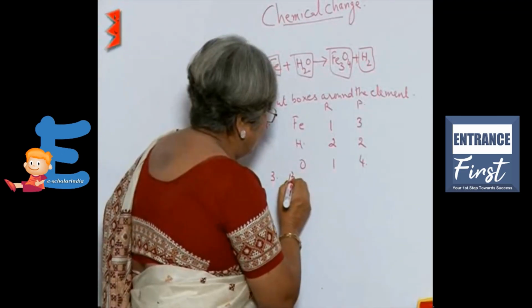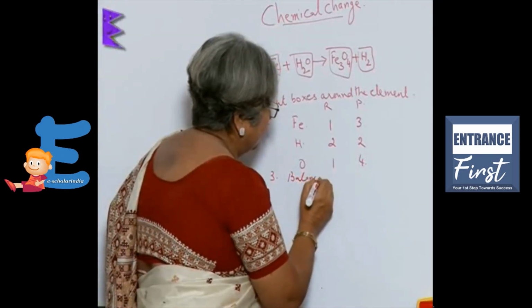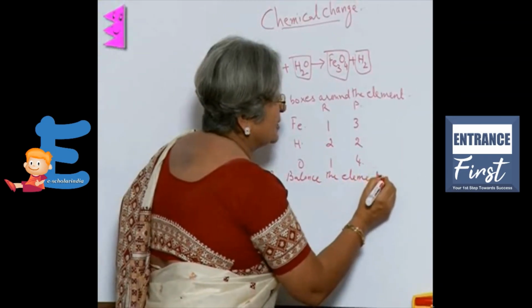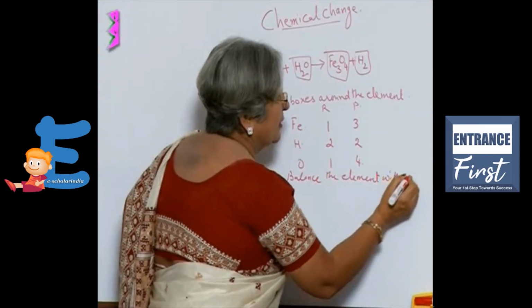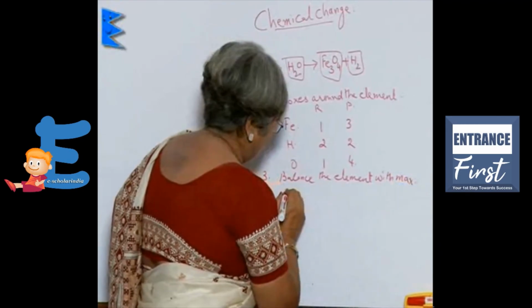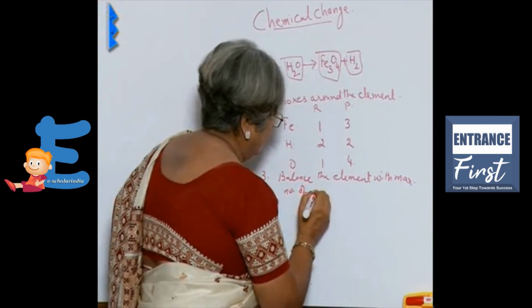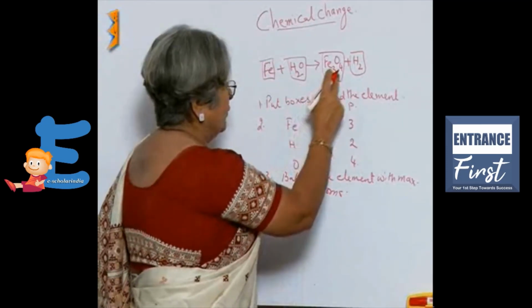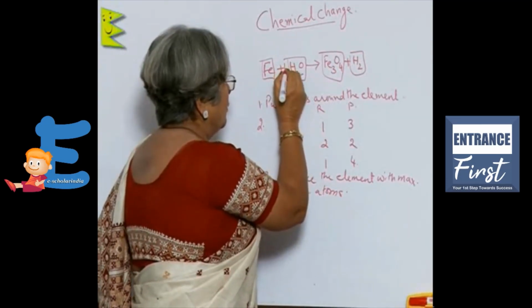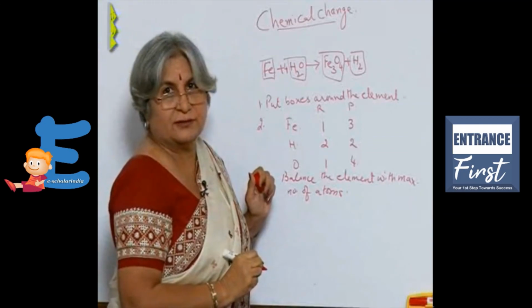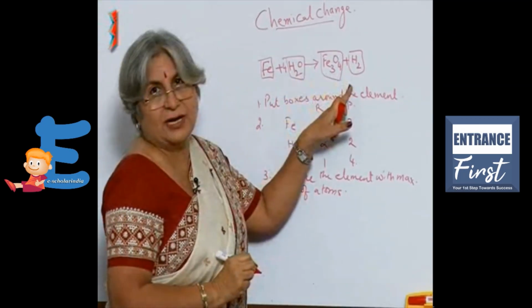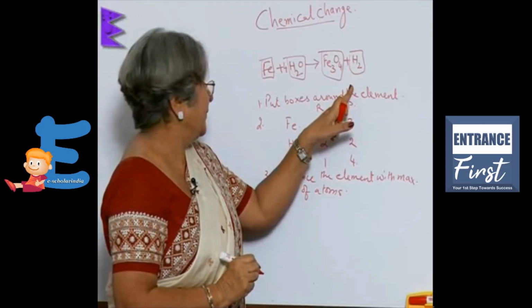So the third step will be to balance the element with maximum number of atoms. So in this case we will take 4 molecules of water. So this will make 4 atoms of oxygen here, 4 atoms of oxygen here.